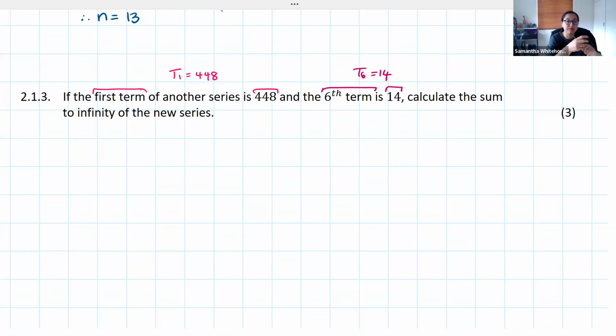They've essentially swapped the order or the progression of the sequence. Now, what that means is initially we started at term 1 of 14 and went up to 448. So my sequence was getting bigger and bigger, and it's geometric. So I was just multiplying by 2 each time. Whereas now I'm starting at 448 and I go down to 14. So as I go along, I'm getting smaller and smaller.